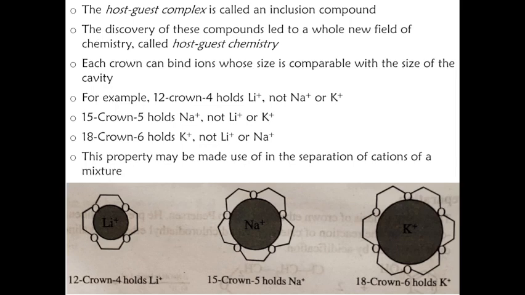If there is an unwanted cation like lithium or sodium present in an organic mixture, then we just need to put the respective crown ethers into it, so it will hold the cations and they can be easily removed.